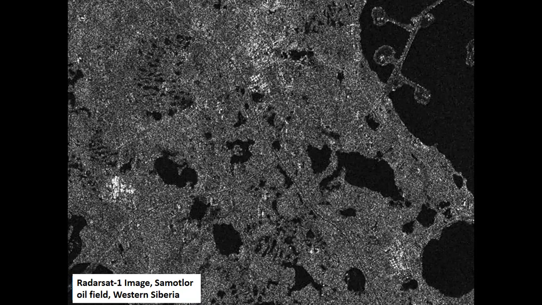This is a black and white image, and you just see that the radio waves were reflected the most strongly from some buildings. You could see here and here the oil reservoirs made of iron. So iron and metals in general reflect radio waves the strongest.